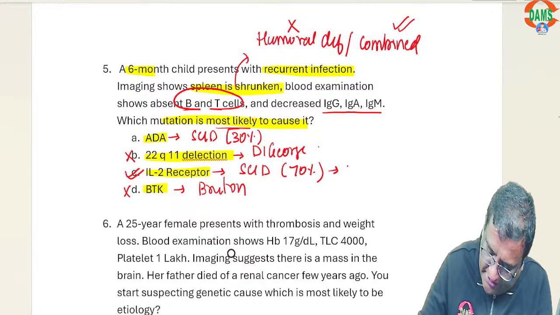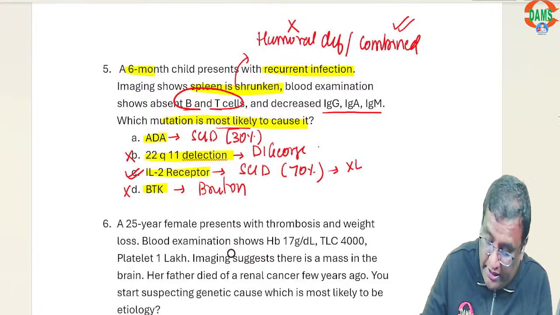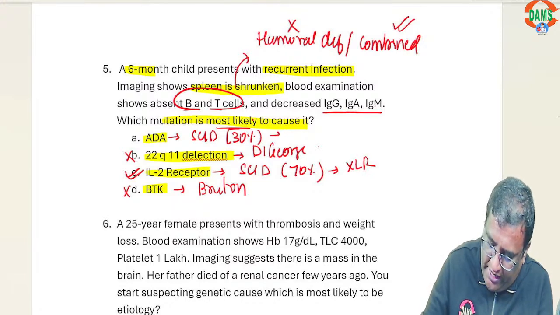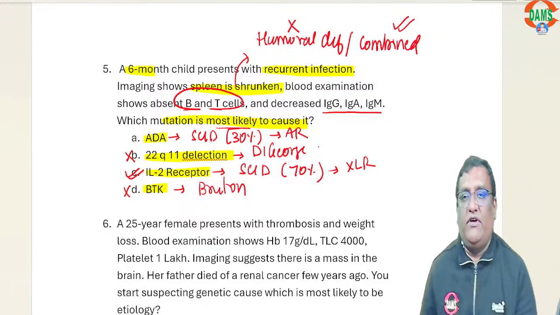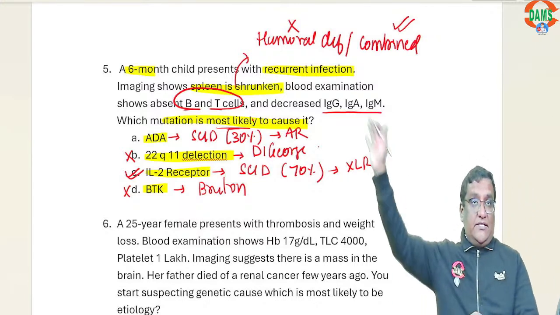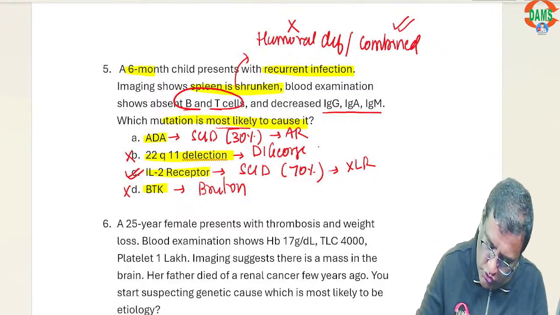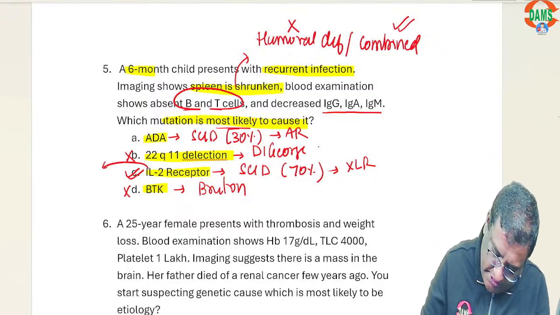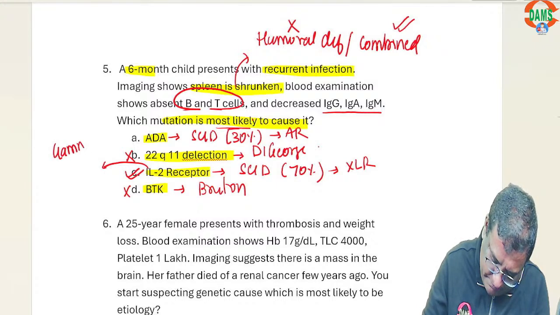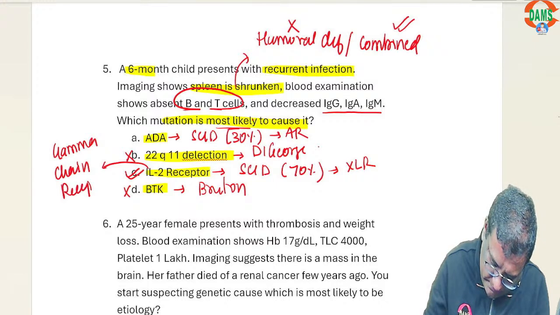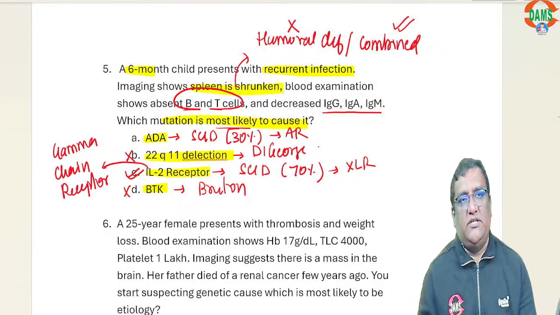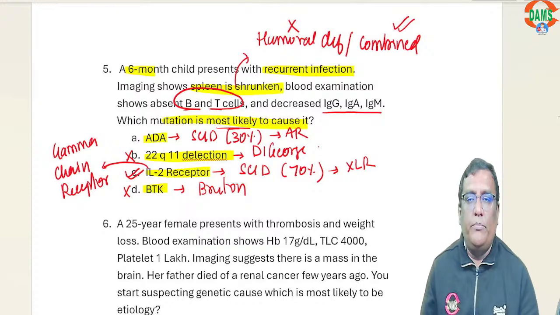IL-2 receptor is X-linked recessive, ADA is autosomal recessive. So the answer will be the gamma chain receptor mutation. Answer is option C.